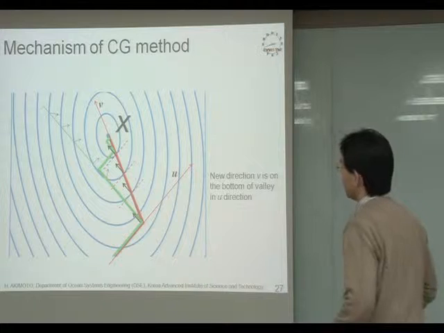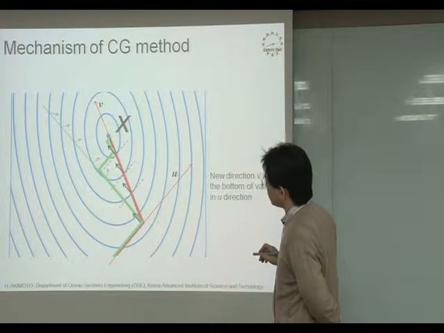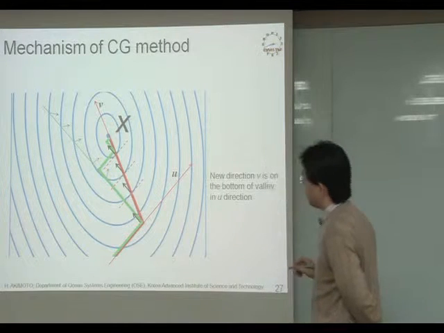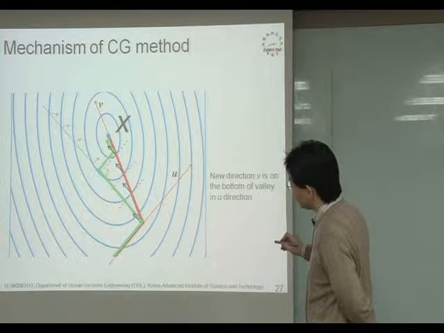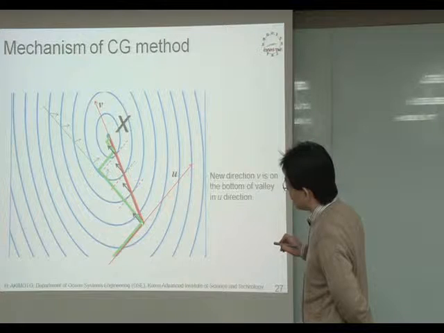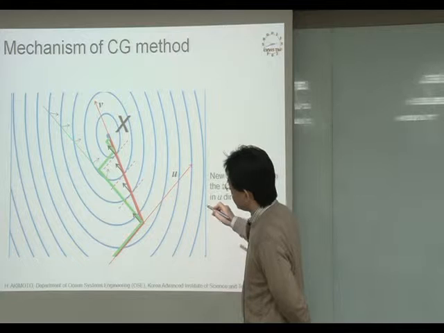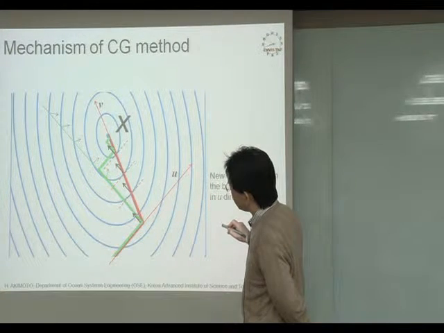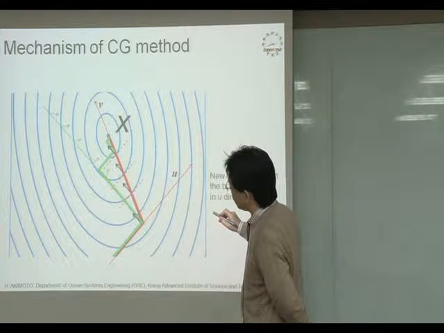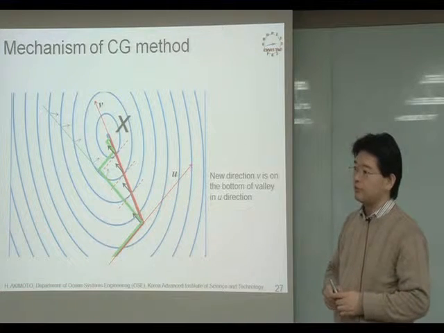So I draw this picture. In the first search, this one is the minimum point. But in the next move, if we go in the steepest descent direction, the gradient on this line gradually changes, and it is not parallel to the searching direction.